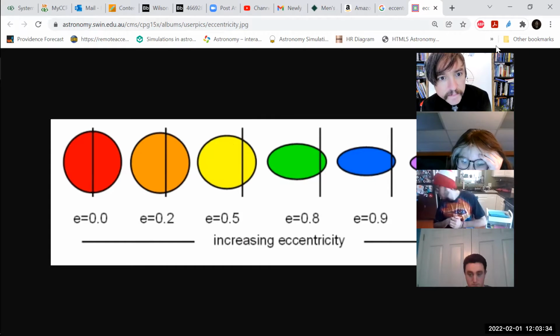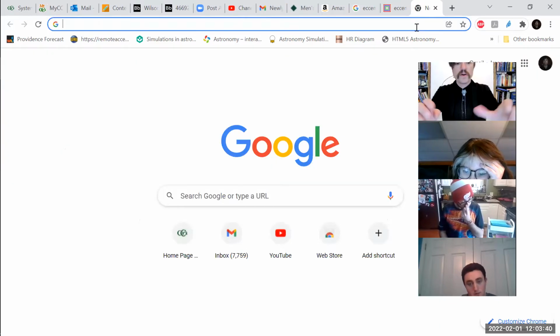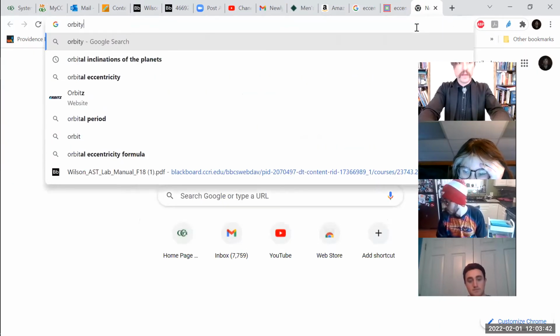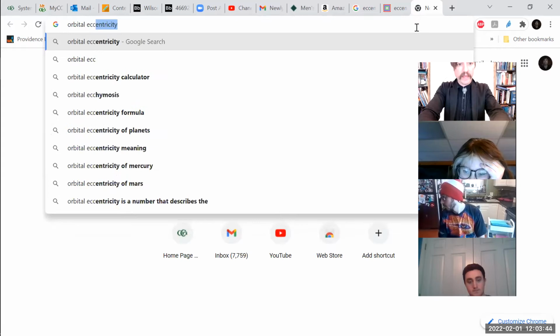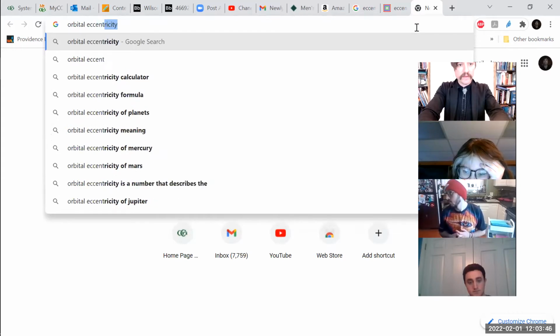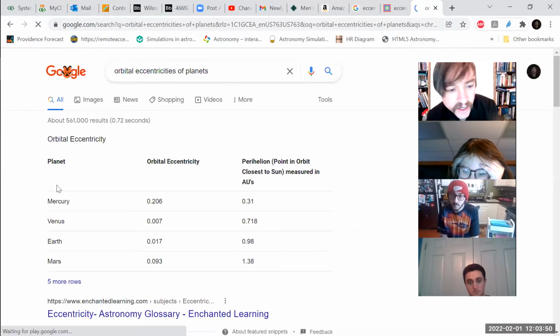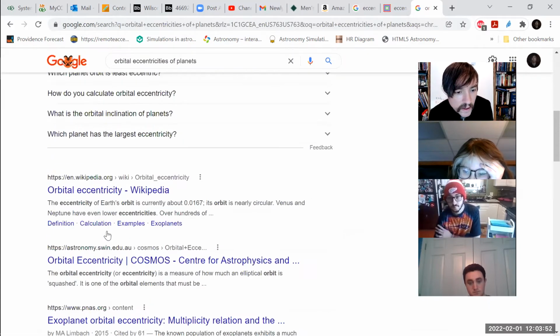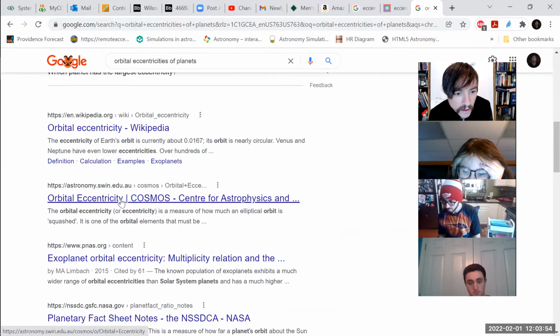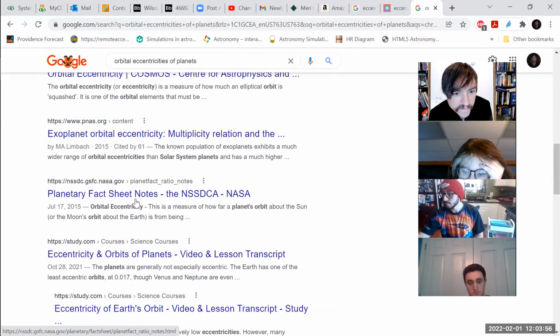Okay. If you look at orbital data for the planets, let's call up the orbital eccentricities of the planets. I'd like us to see a quick table. Planetary fact sheet.